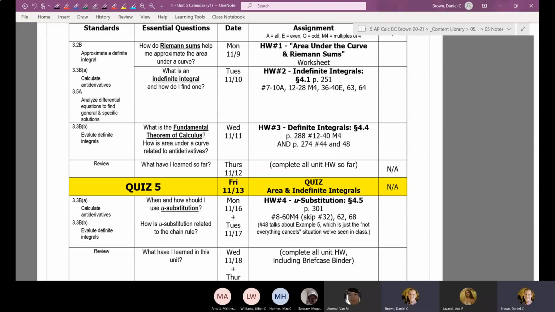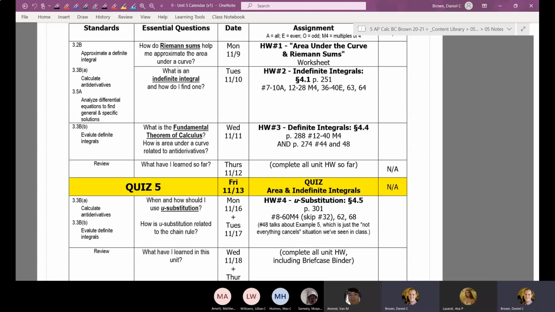Today we're going to be looking at something called Riemann sums, which I like to say, if you can find the area of a rectangle and a trapezoid and add them together, then you can do Riemann sums. Tuesday we're going to be doing something called the indefinite integral, and then Wednesday we'll be doing the definite integral. But honestly, there's not much difference between the indefinite and the definite, so there is a lot of overlap, especially with homeworks 2 and 3.